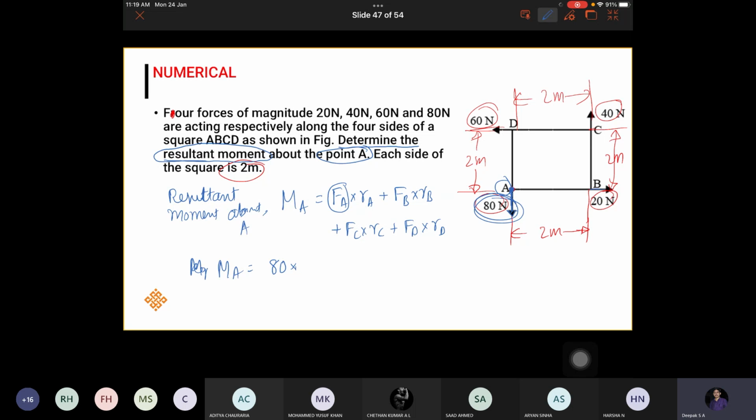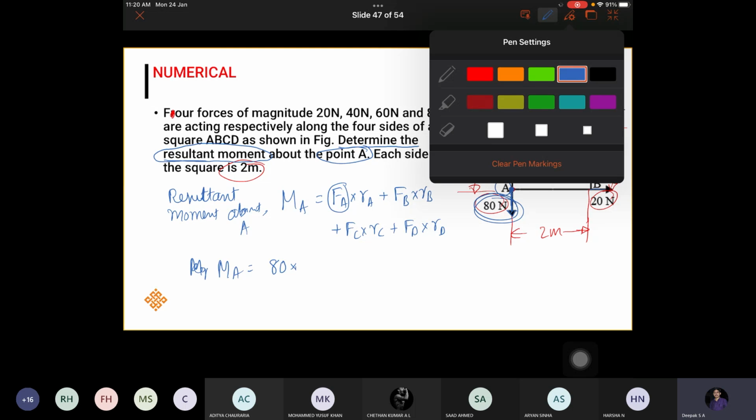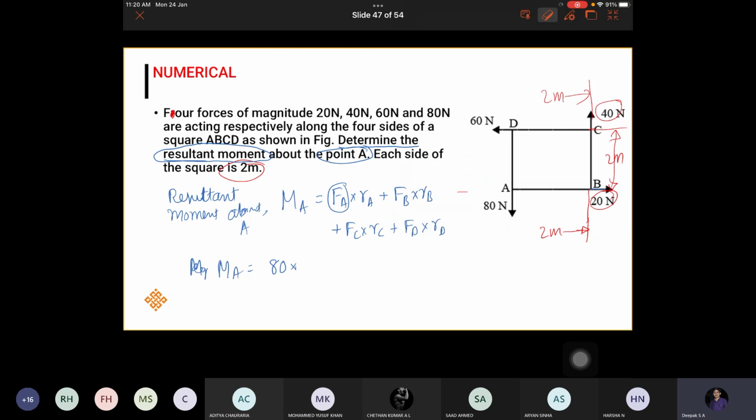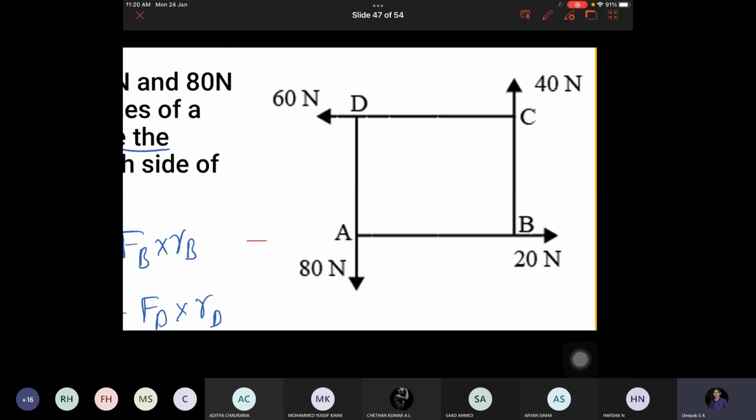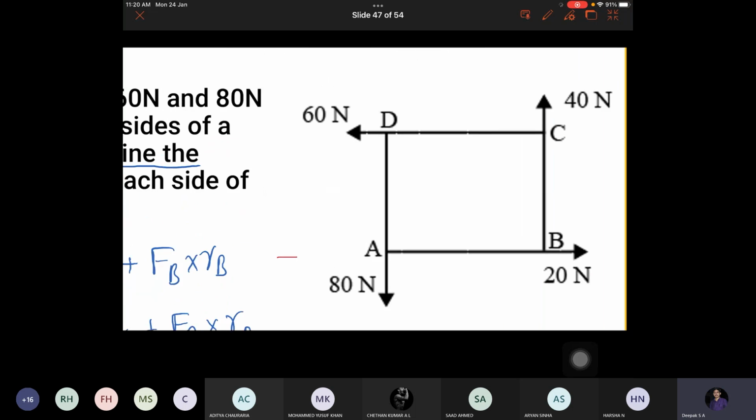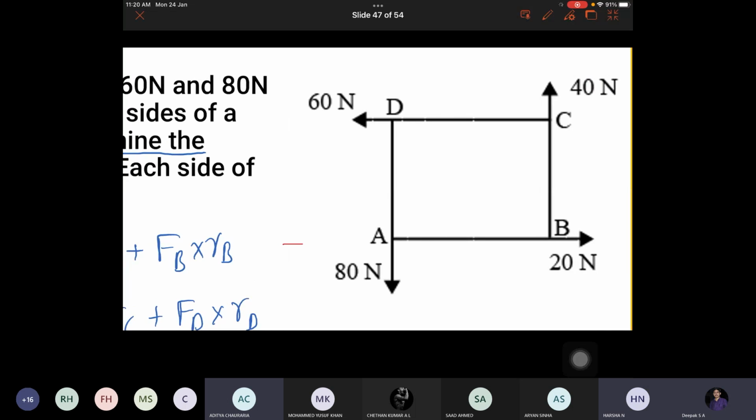Look only at this one. Are you able to see this diagram? Yes, sir. Okay.